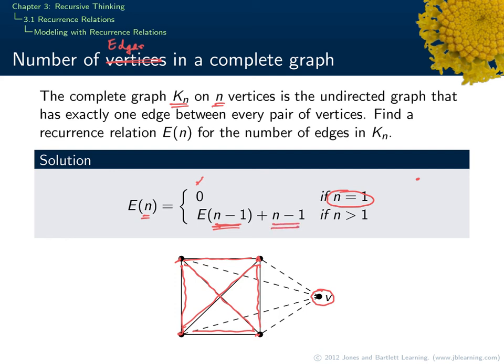And so that means I need to include n minus 1 edges to our new vertex. And therefore, the number of edges for the complete graph K sub n on n vertices is the number of edges for the complete graph on n minus 1 vertices plus n minus 1.